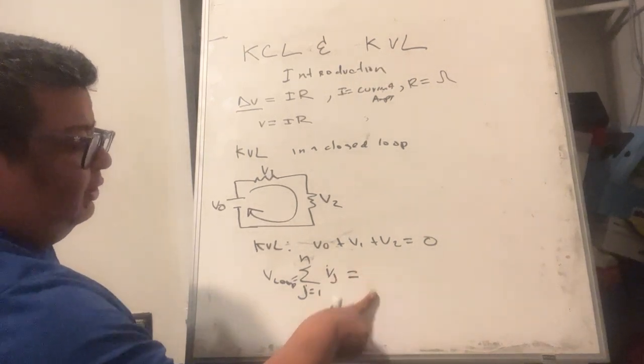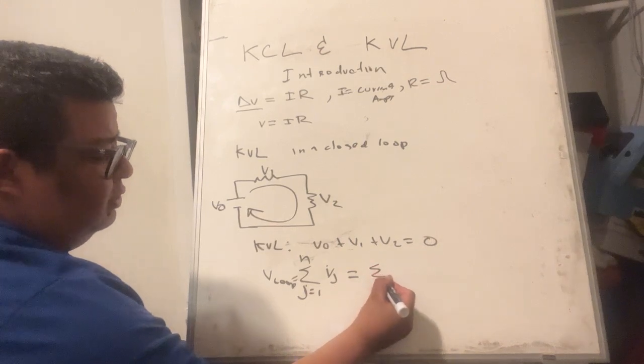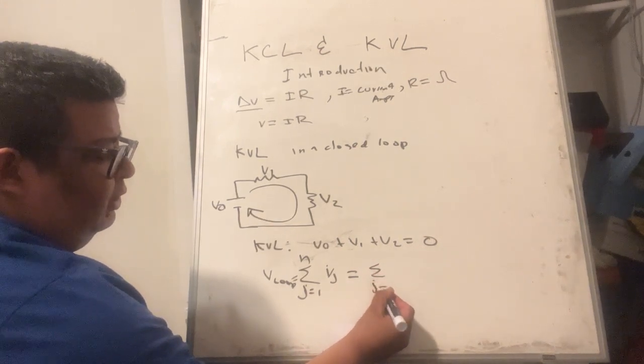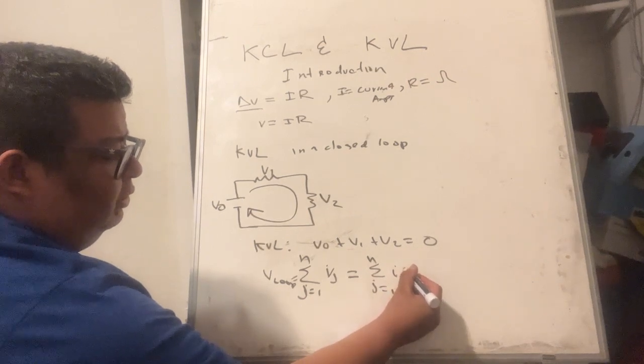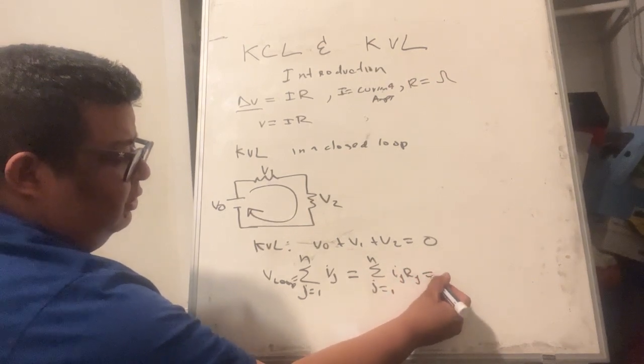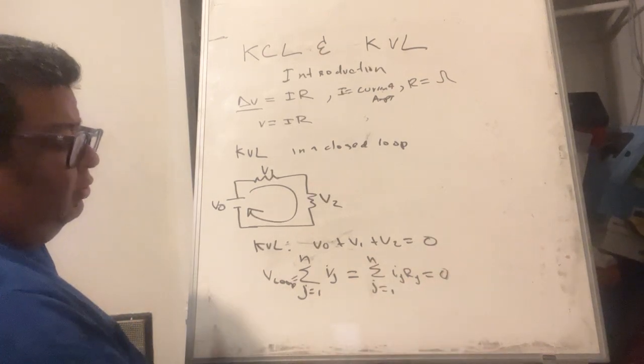Because we're dealing with resistors, we can also say that it's equal to the sum from j equals 1 to n of I_j R_j equals 0.